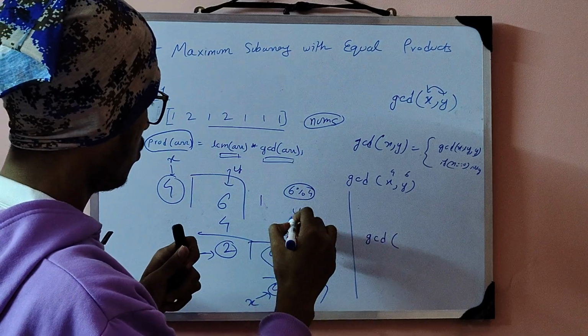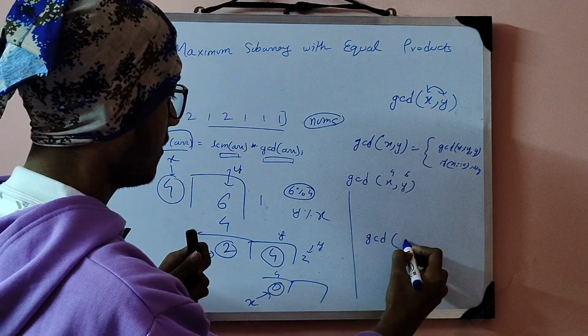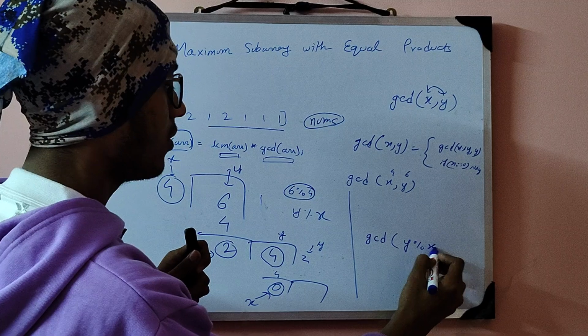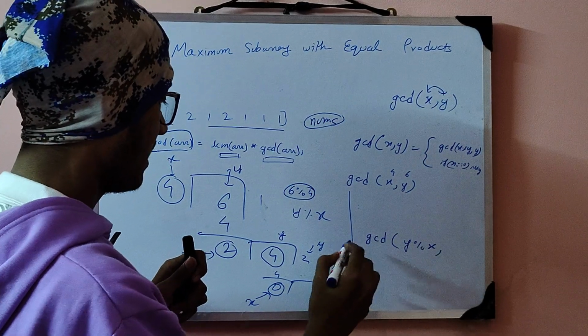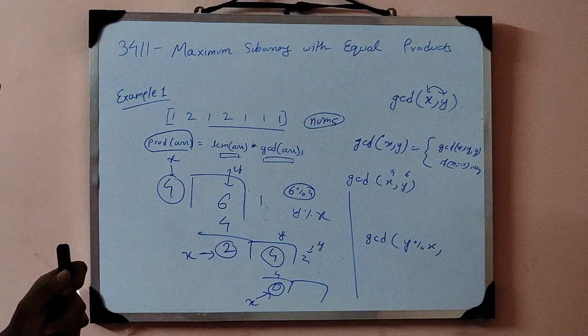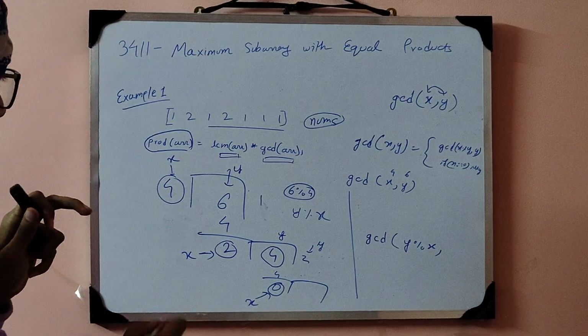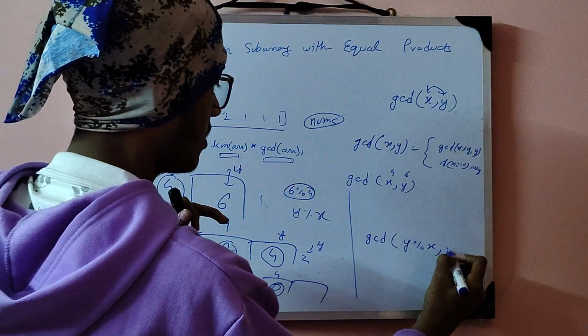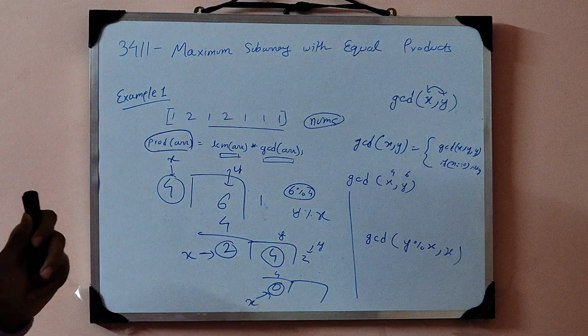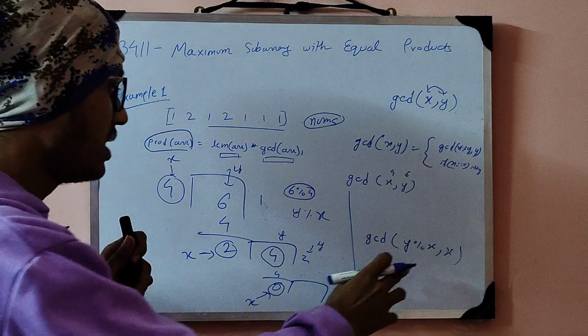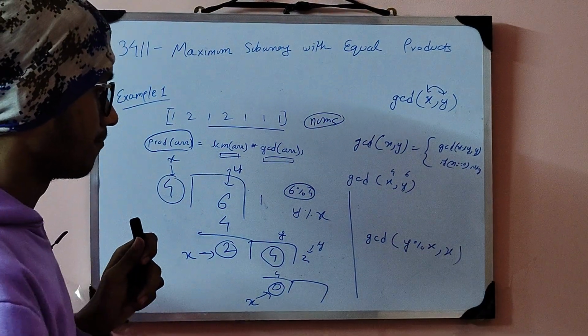So find y modulo x, and what is my new y? New y is my old x. So my new x will be y modulo x, and my new y will be my old x.